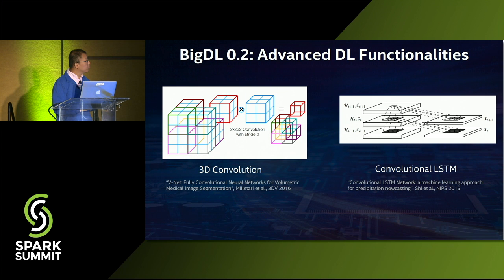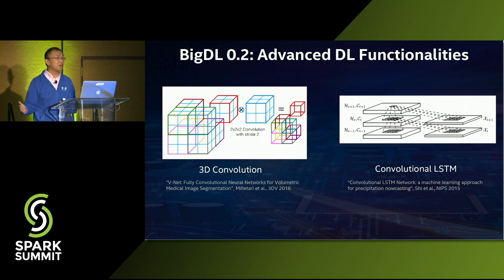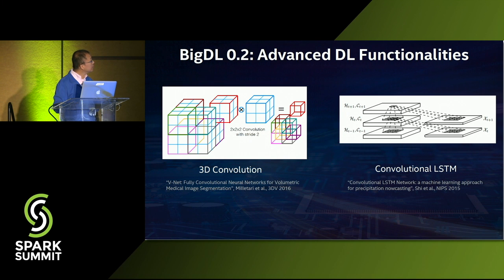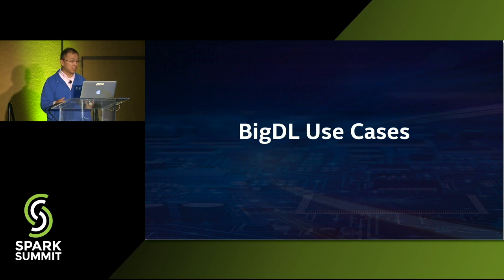And ConvLSTM, which is used, for instance, in weather forecasting. You get a series of radar images, and you want to predict another series of radar images to do the weather forecast. Yeah, so those are some of the latest use cases.